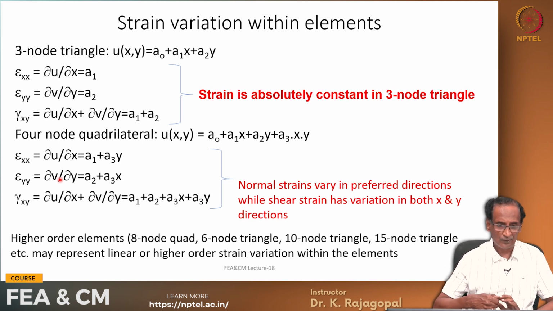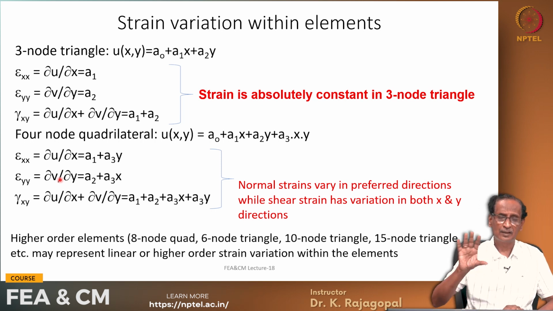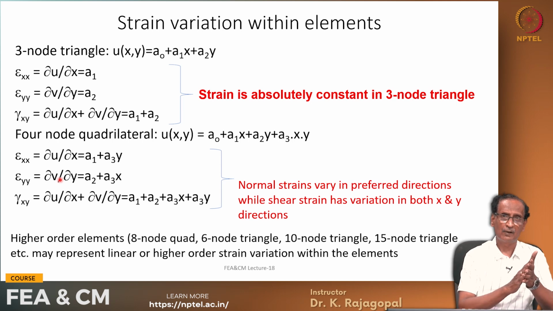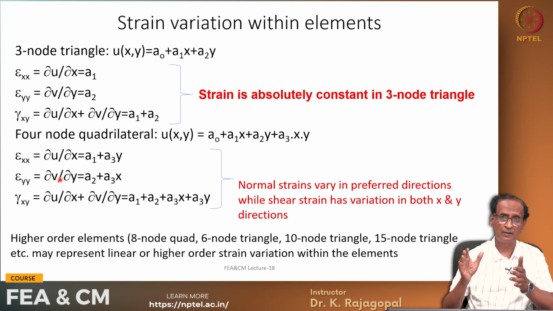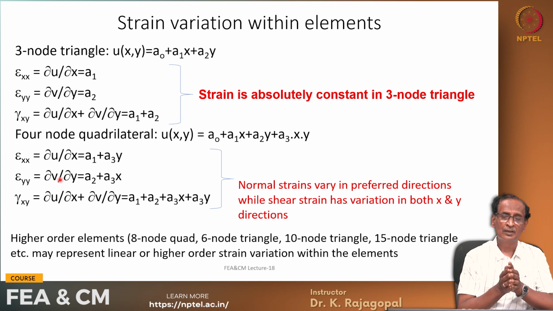And let's say if you use a 3-node triangle for analysis of a cantilever beam, we'll have a problem, because 3-node triangle assumes that the stress is constant and the strain is constant. So that means that within a cantilever, we know that on the upper fiber we will have tensile strain, whereas the bottom fiber will have compression strain. But if you represent with a 3-node triangle, it will either give you compression or tension.